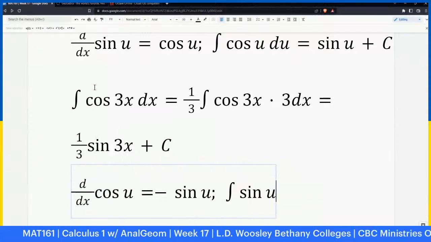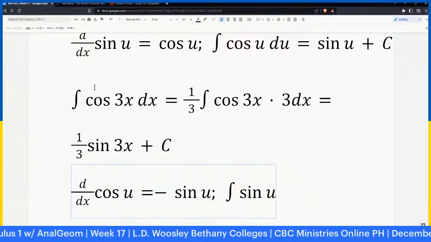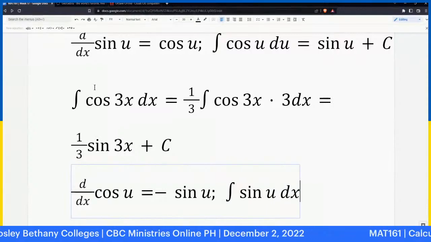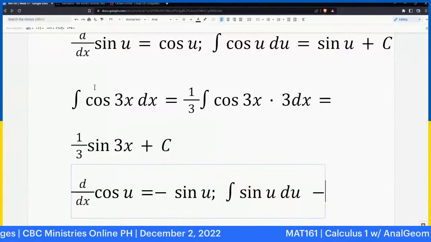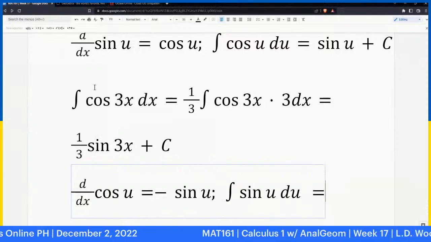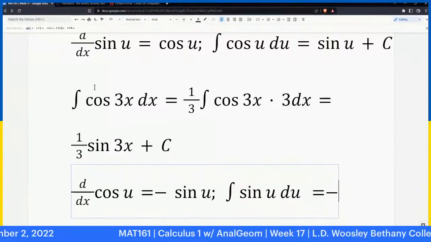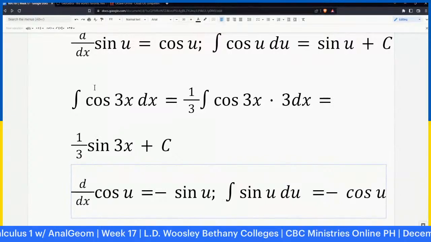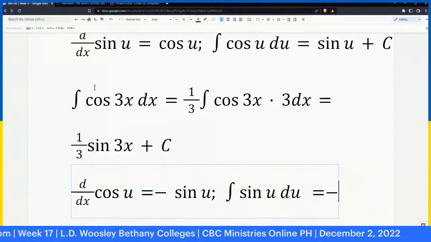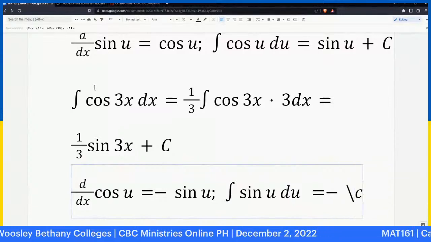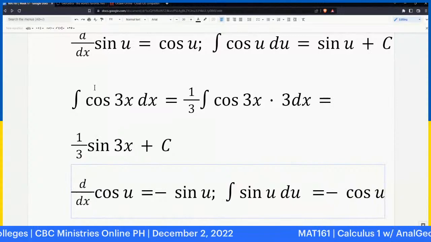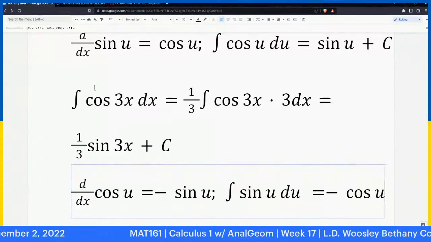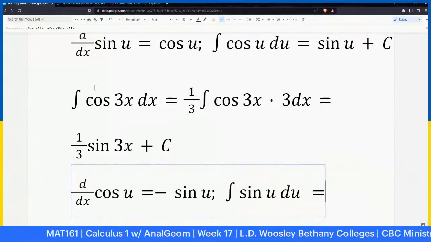So magre-reflect yung negative saan? Doon sa sagot. Alright? So integral of sin u du would become what? Yan papasok yung negative. Negative cosine u plus c. Okay, cosine u plus c.